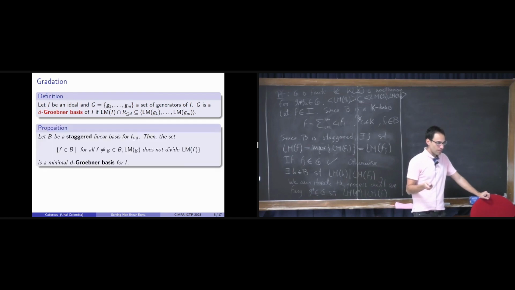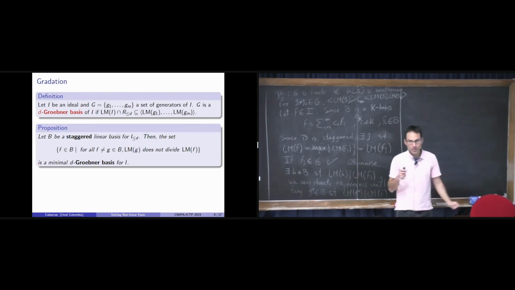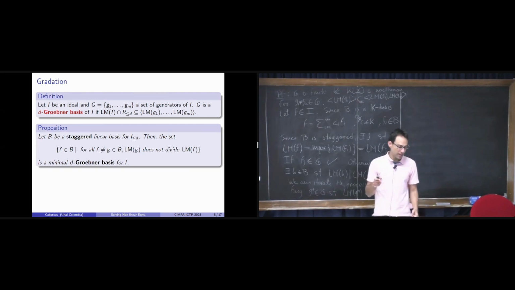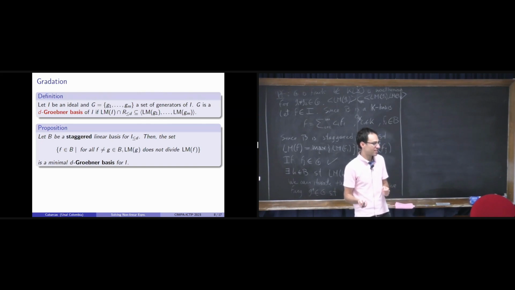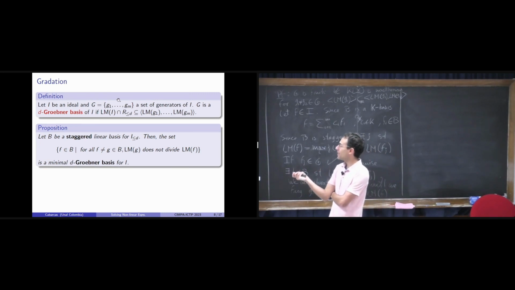So now we can do the same thing, but with a D Groebner basis. So if we had a staggered linear basis for I less or equal to D, then from that staggered linear basis, we can construct a D Groebner basis for the ideal. How?